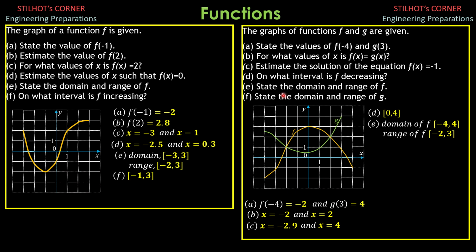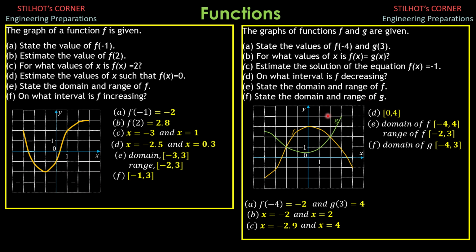Then for the domain and range of g, it is defined from this leftmost point to that rightmost point. This is x is -4, and this is x is +3. So the domain of g is the closed interval -4 to +3, while the range is from this lowest value to that highest value.